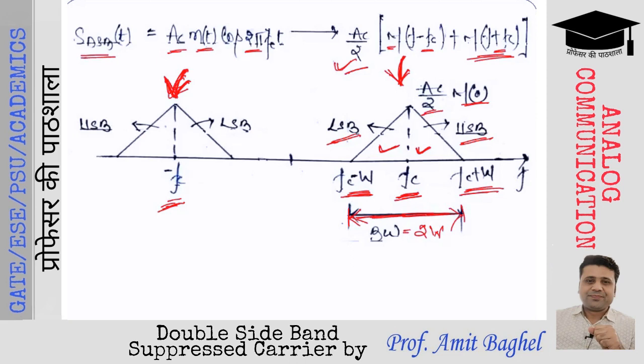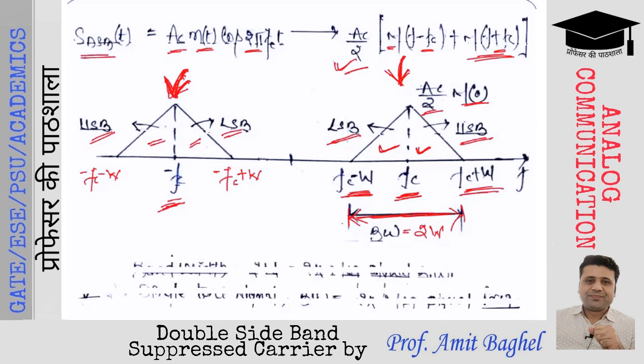The frequency components that you are going to observe will be minus fc minus W and minus fc plus W. Again, you will get two sidebands. One is the upper sideband in the frequency range of minus fc minus W to minus fc, and the lower sideband which you are going to observe in the frequency range of minus fc to minus fc plus W. तो ये आपको मॉड्यूलेटेड वेवफॉर्म का फ्रीक्वेंसी स्पेक्ट्रम दिखाई देने वाला है, राइट.